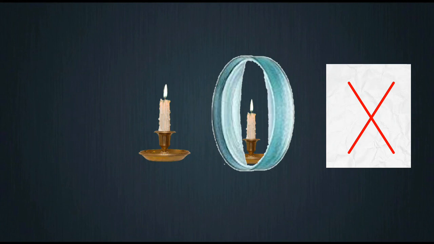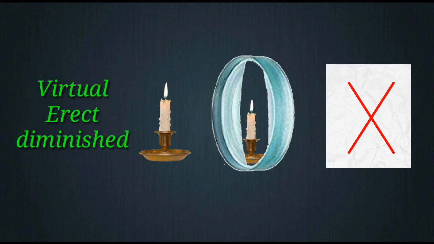If we keep moving this candle continuously towards the lens, we will find that the image keeps increasing, but the size of the image is still smaller than the actual object, and it is also erect. So this is the difference between the image formed by the convex lens and the concave lens. The concave lens always makes an image which is virtual, erect and smaller than the object.